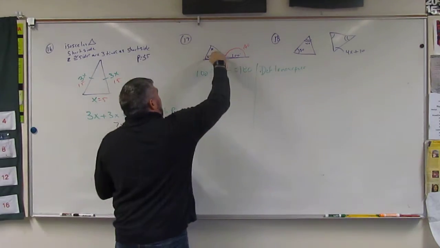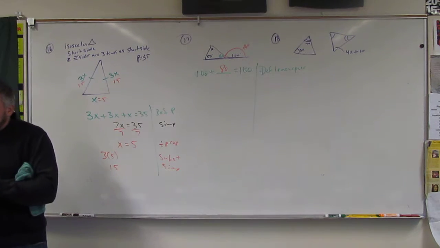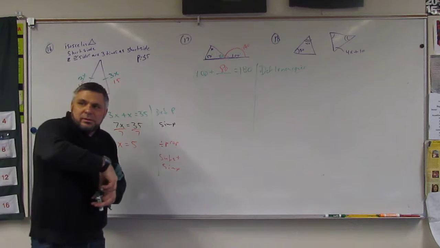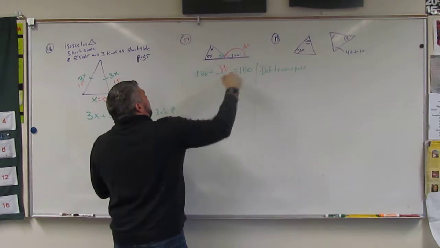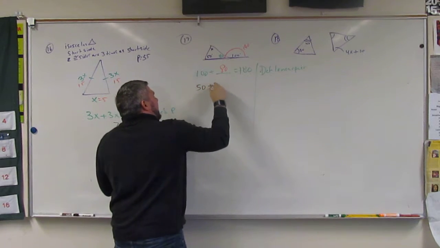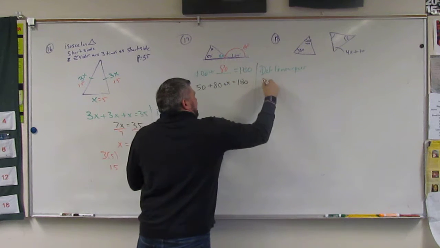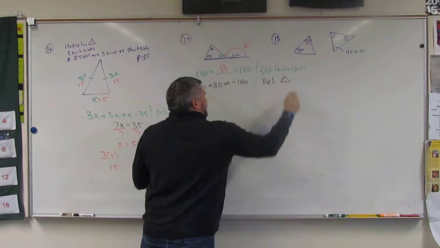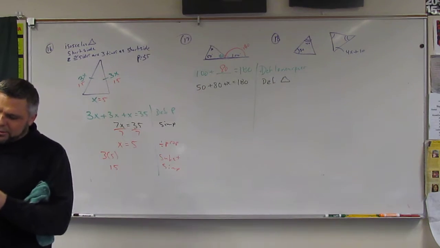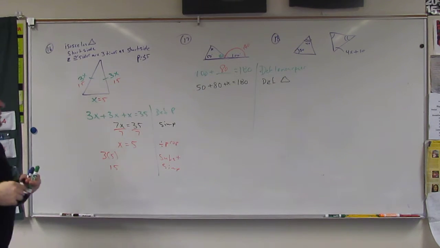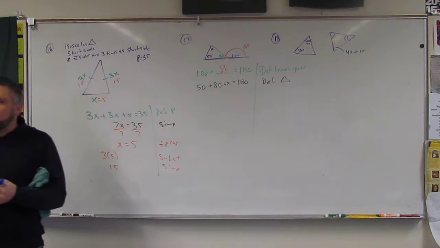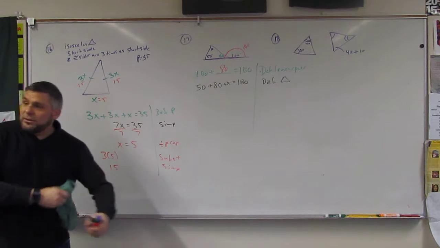Alright, so then how much do all the angles in a triangle add up to be? 180. Yep. So that means 50 plus 80 plus x equals 180. That's the definition of a triangle: all the angles in a triangle add up to be 180 degrees.